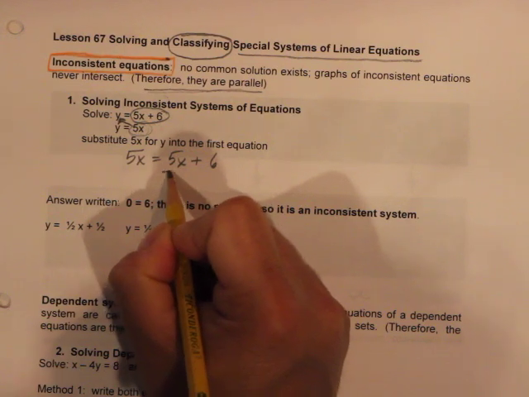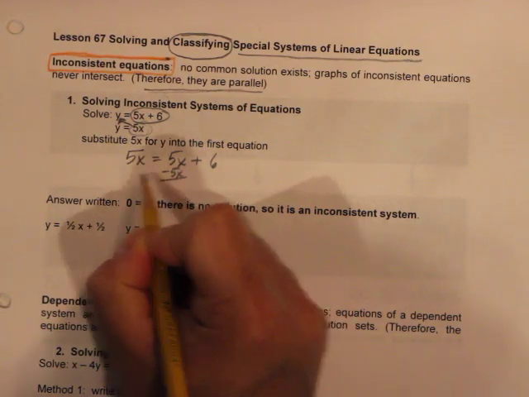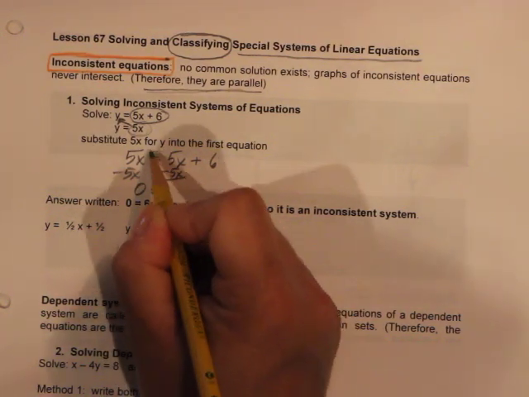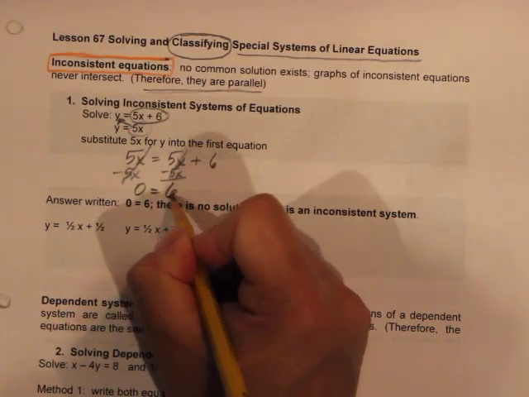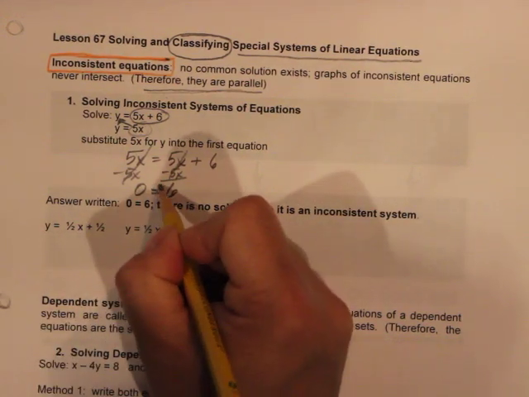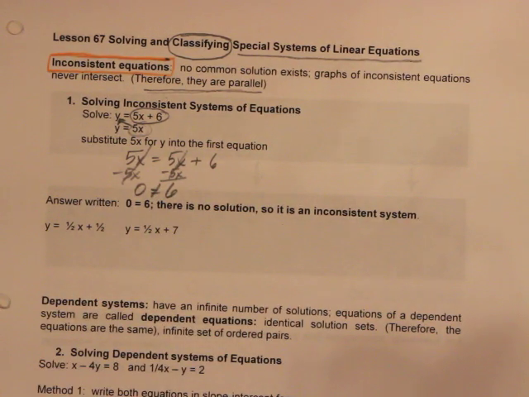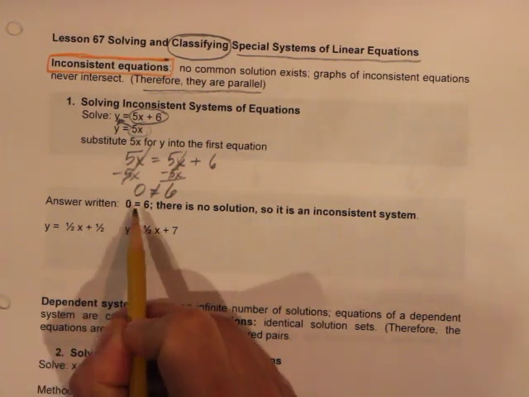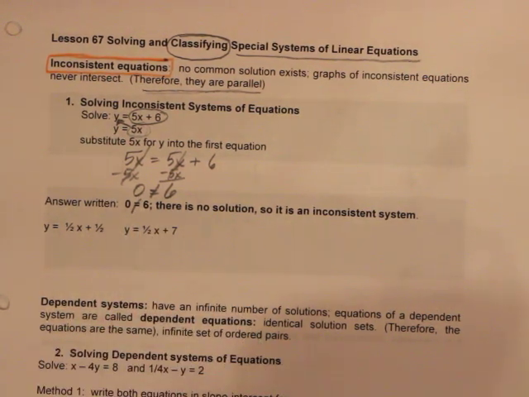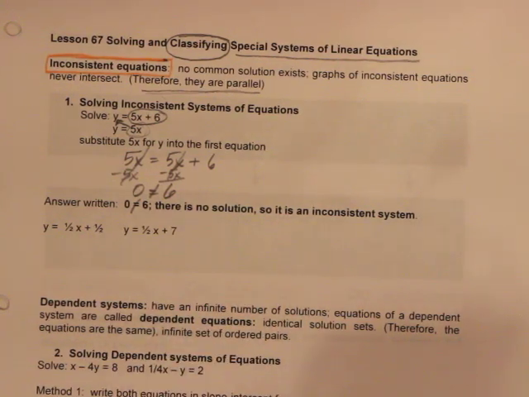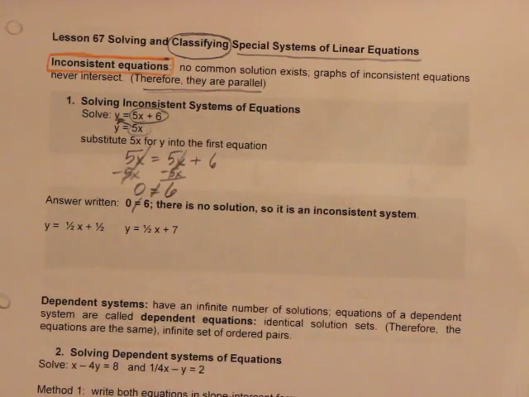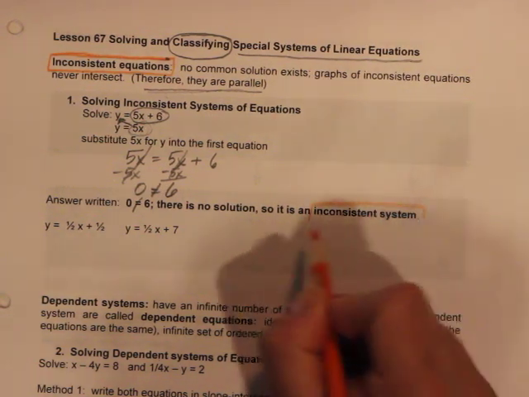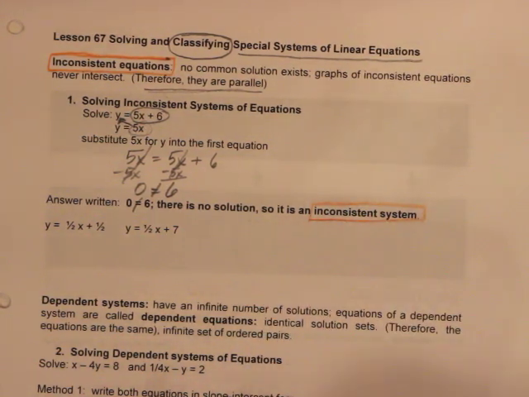Now, if I were to try to remove 5x from this side and move it over here, subtract it from this side, I would end up with 0 equals 6. That is a false statement. And because it is false, here's the way we would write the answer. 0 does not equal 6, so there is no solution. It is what we call an inconsistent system, right here. Okay? An inconsistent system.